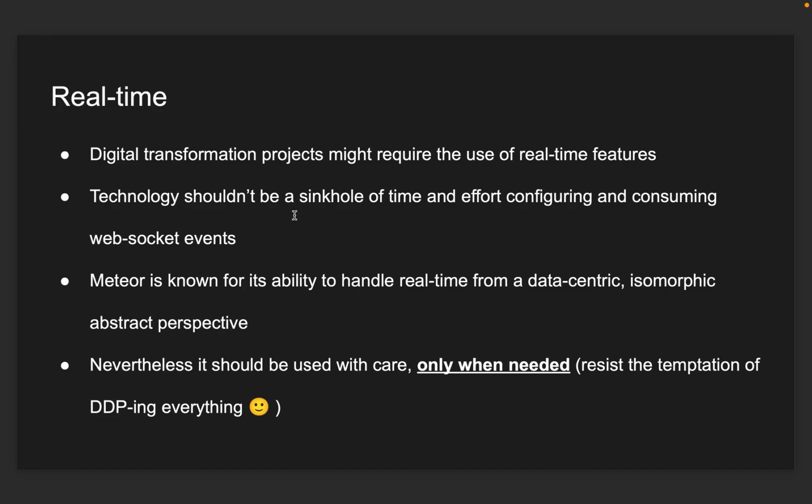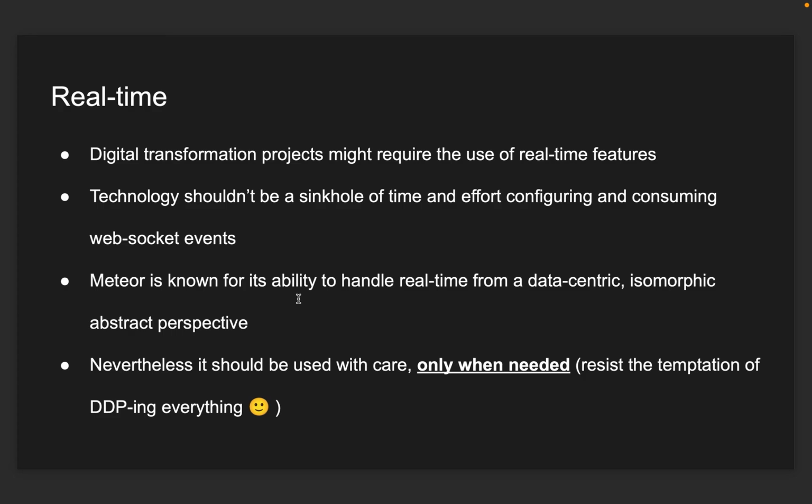For example, defining your own events, your own verbs, your own logic for connection handling, what happens when it is disconnected, how do I stream the events, what type of data, etc. It shouldn't be that much of a sinkhole of energy, and this is why Meteor is really good for that, with the mechanism of PubSub, which gives an abstraction over all that. And you could use reactive or real-time data as if you are handling a subset of connections.